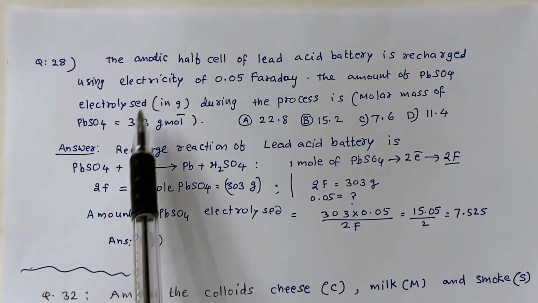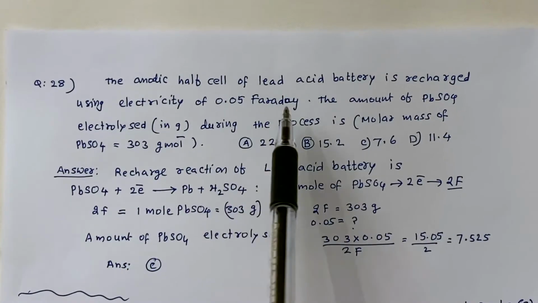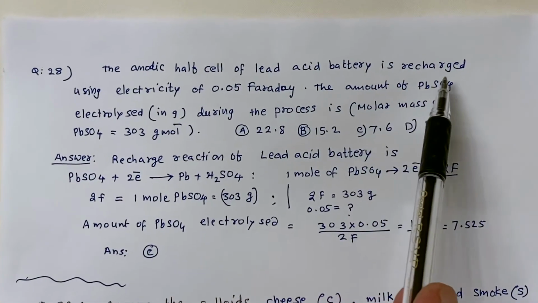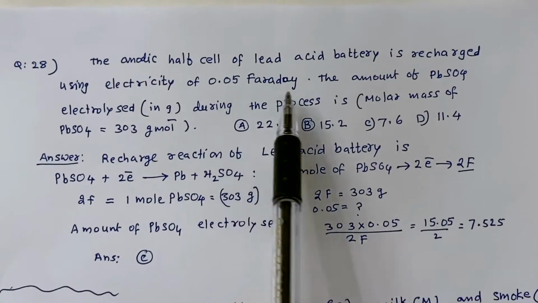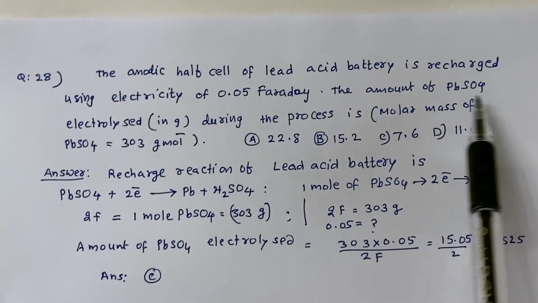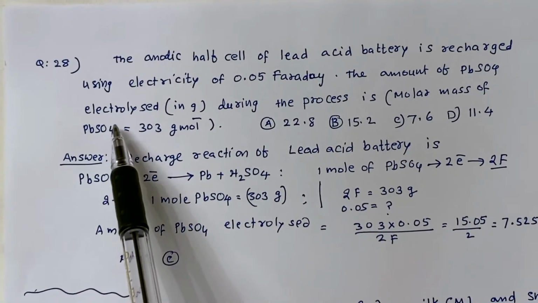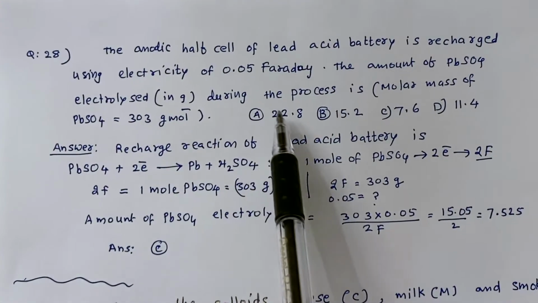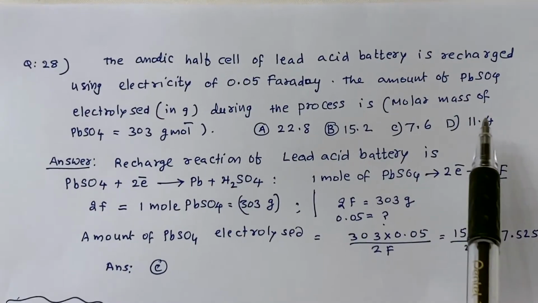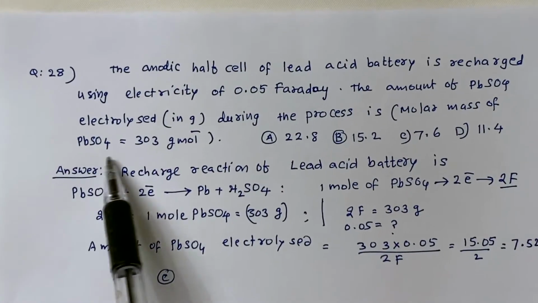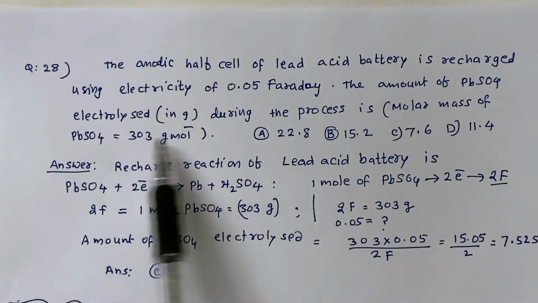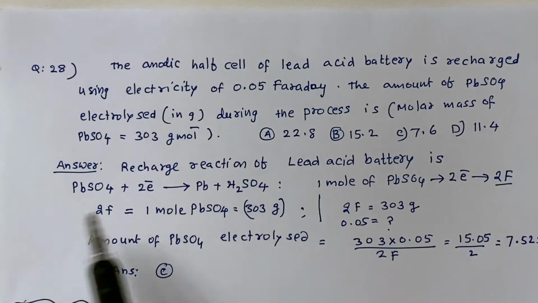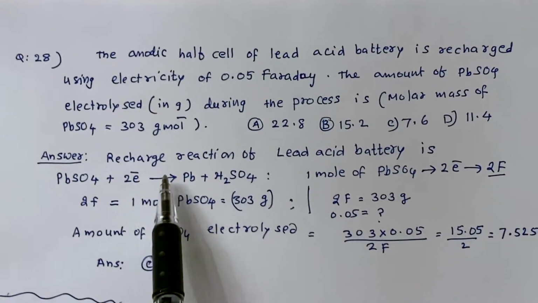Question number 28. The anodic half cell of a lead acid battery is recharged using electricity of 0.05 Faraday. The amount of PbSO4 electrolyzed in grams during the process is... the molar mass of lead sulfate is given. Since it is recharging, first we should remember the recharge equation.